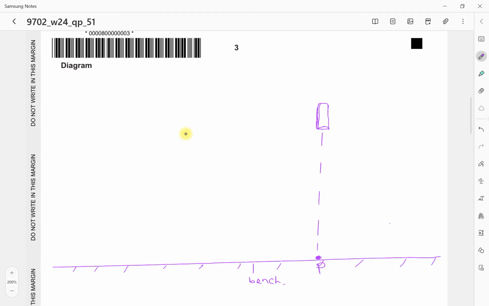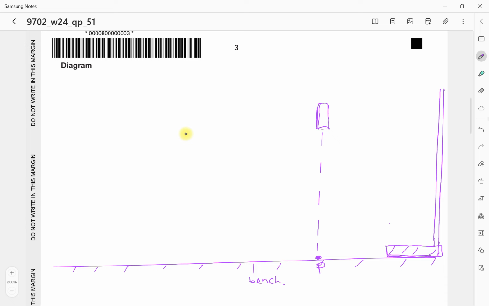Let me first draw the stand so that I minimize the space. So this is the stand.